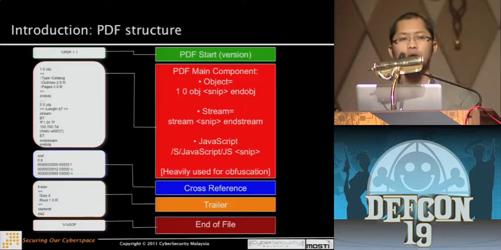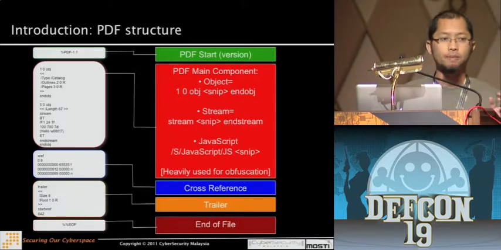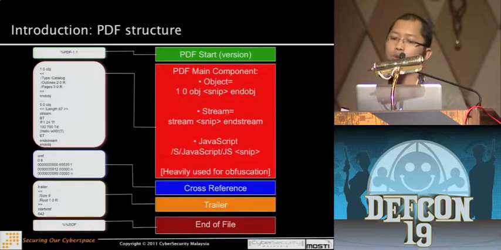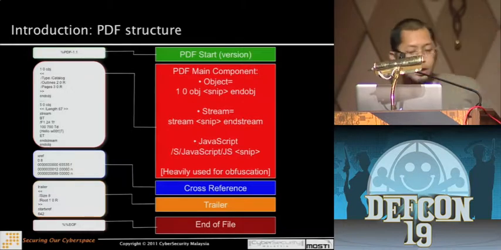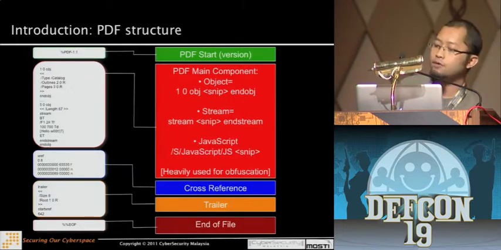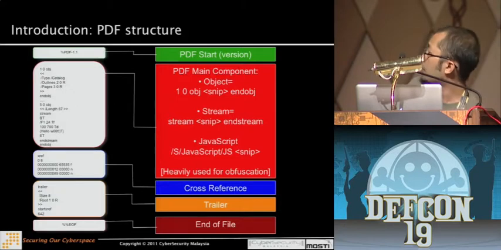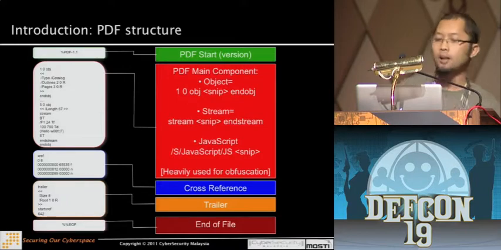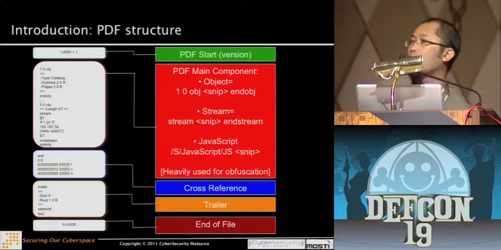I tried to cover a little bit about the structure or the concept of PDF. The first one, you see on the green color box, is the PDF version. On the PDF version, normally you have something like percent PDF and then the version number.